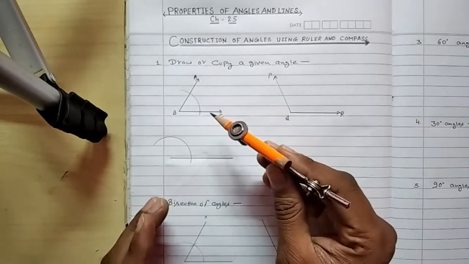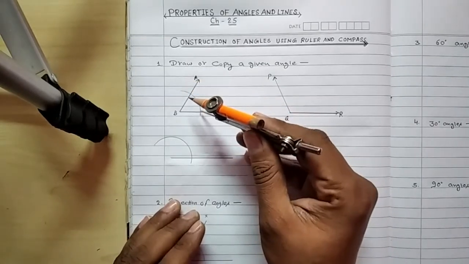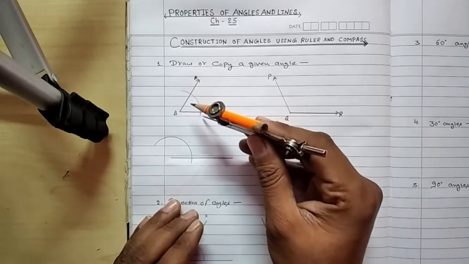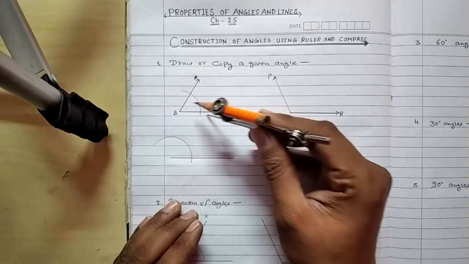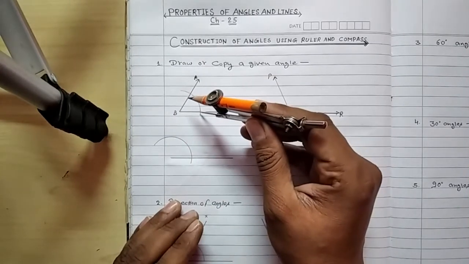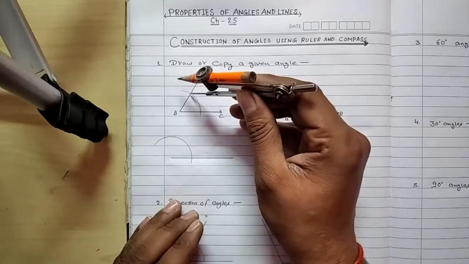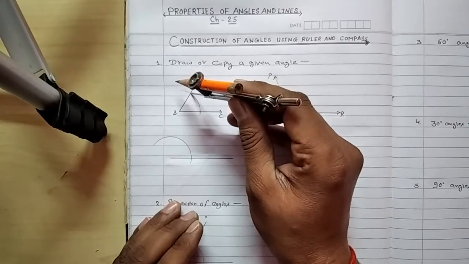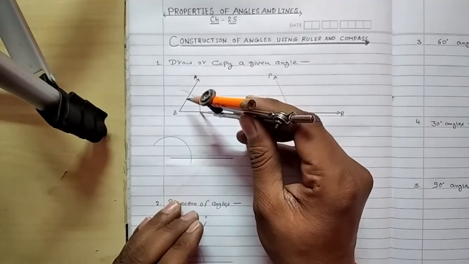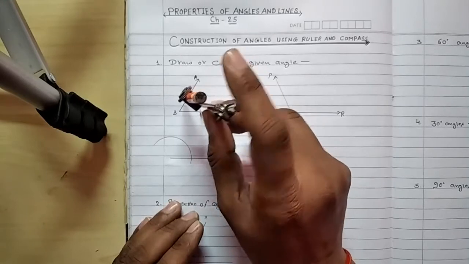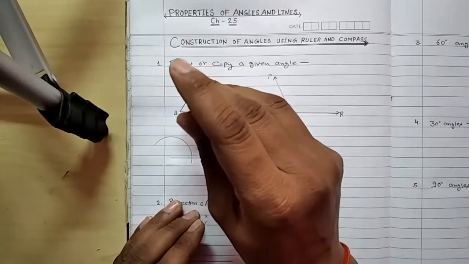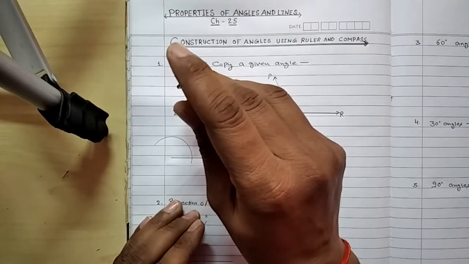After that, you put the compass at one of the points where the arc intersects the lines AB and BC. You may put the compass at this point, or at this point also. After putting the compass at one point, you take the distance to the other point. Got it?